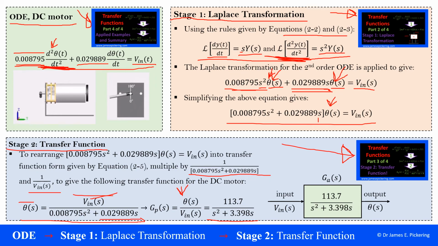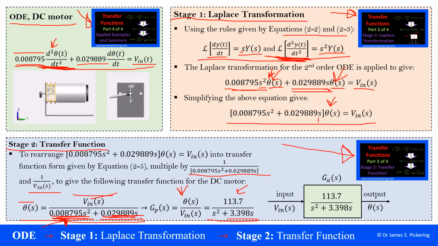But we want to make the leading coefficient effectively 1. So we divide the numerator, which would have been a value of 1, by this value here, and also divide this coefficient by this value. So 1 divided by this term gives us 113.7, and then this term divided by this number is going to give us 3.398 s.